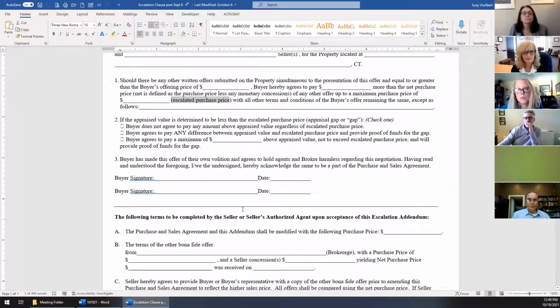And your offer as buyer 2 is 125 escalated, and you're willing to only go up 5,000 over. In that scenario, you would really only be going up to the 105, because the other escalation clause was maxed out at 100. You would not have to go up to your 125, but you would be competing against another escalated offer. Okay.